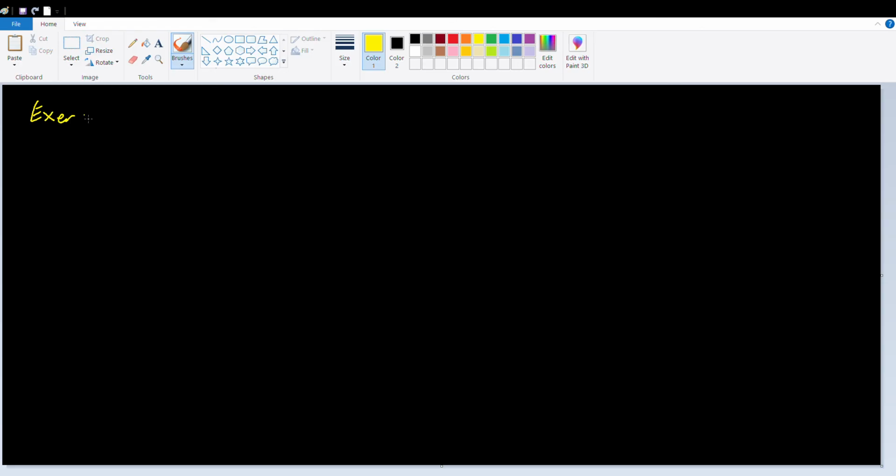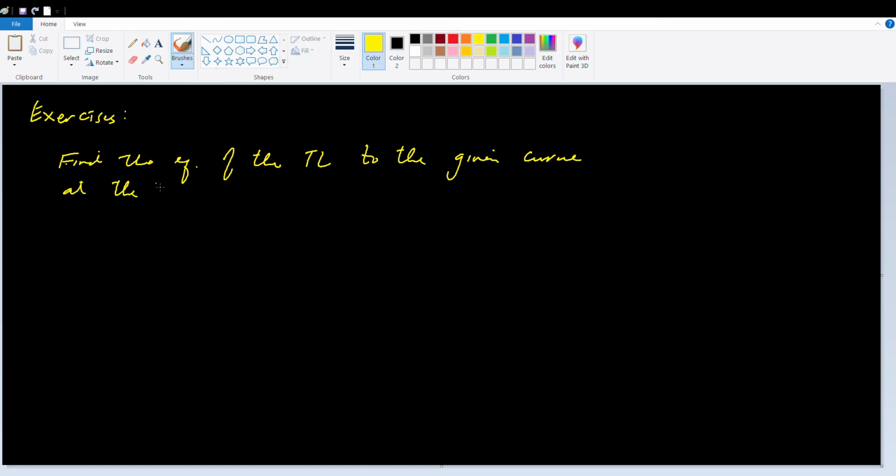So, you do some exercises. Number 1. Find the equation of the tangent line to the given curve at the specified points.